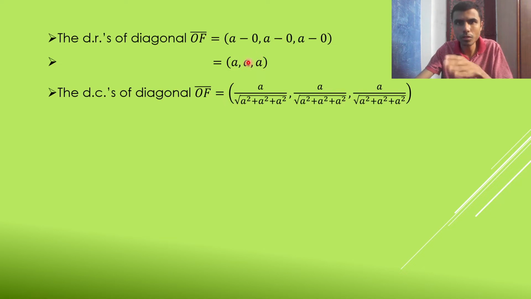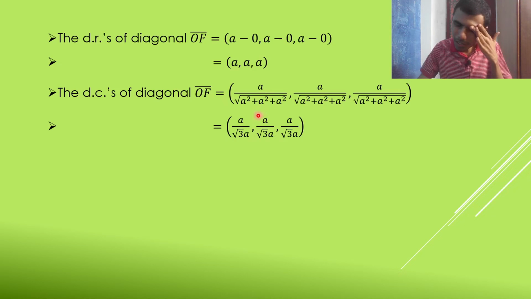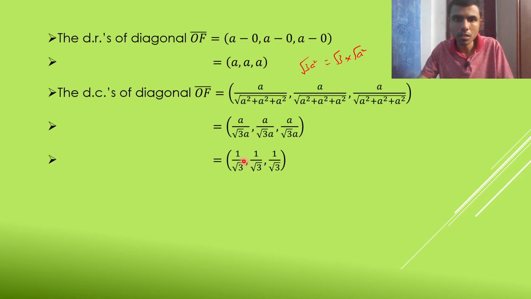What is that? It is root 3a square, which I can write as root 3 into root a square, and root a square is a. Now a cancels. So the DCs of diagonal OF are 1 by root 3, 1 by root 3, and 1 by root 3. Now next, stay focused.